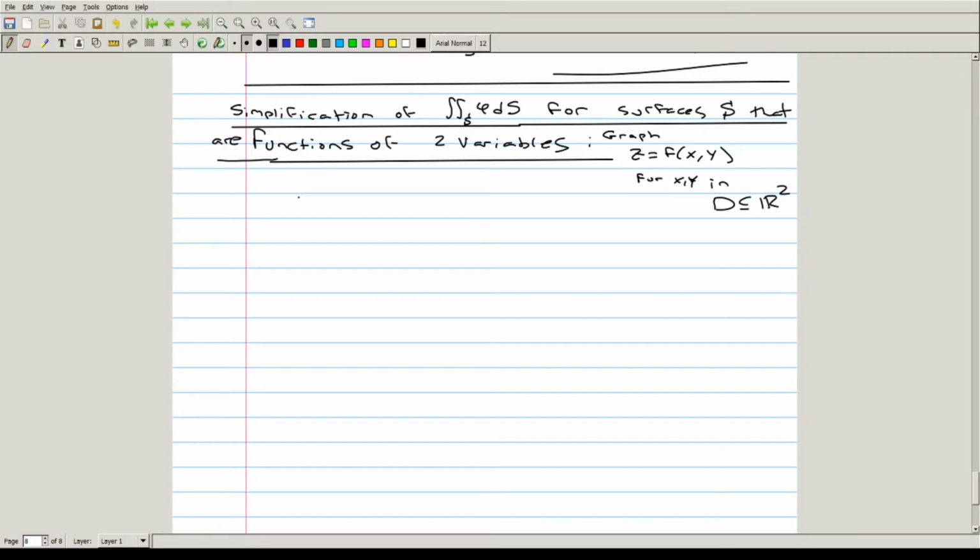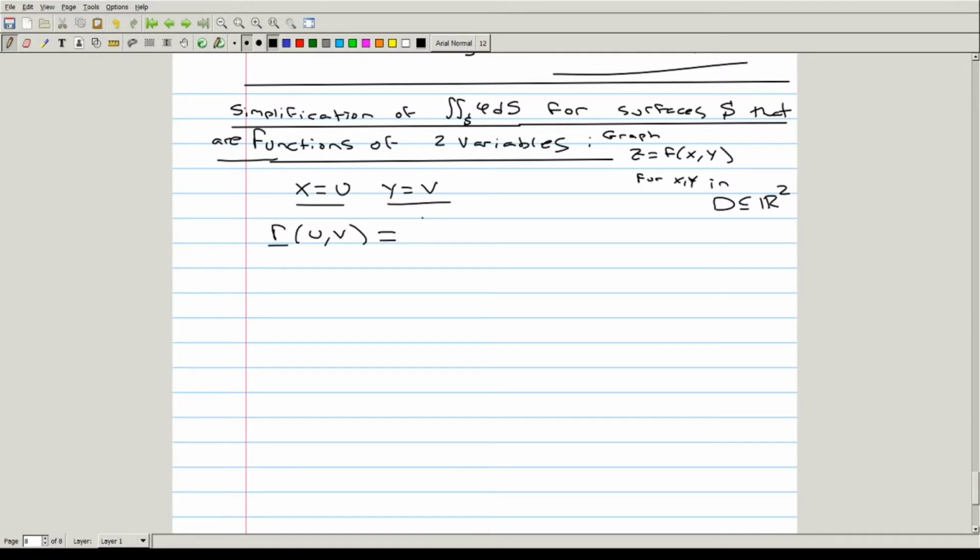So the parameterization that we can take for our surface in this case is going to be R of u v, where we'll just identify x as u and y as v.